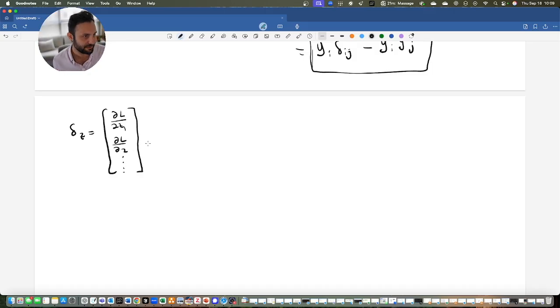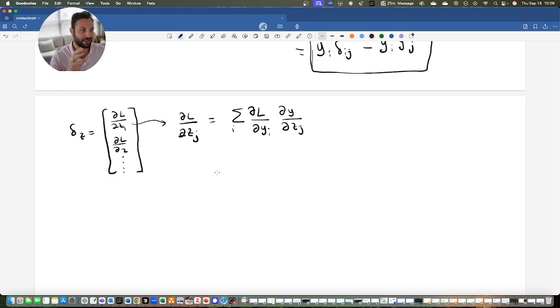And my delta z, let's take any of that, right? So dL over dzj, let me keep using the same index j, can come from, we learned that, dL over dyi for all of the i's, and for each and every one of the i's, there's a dzj, and I have to account for all of the i's.